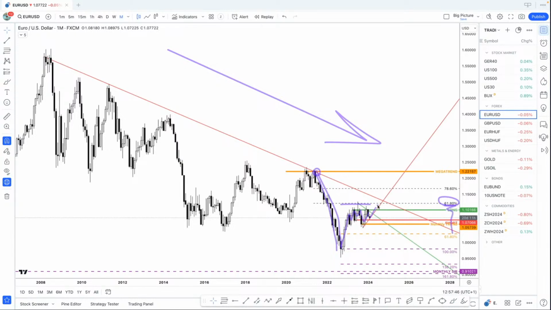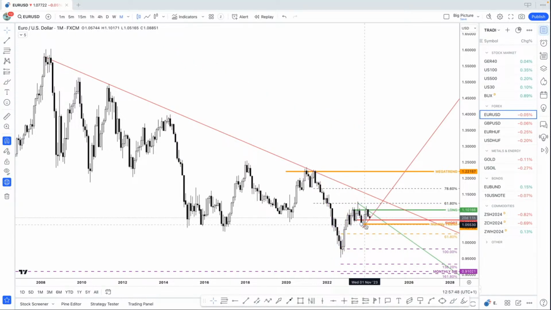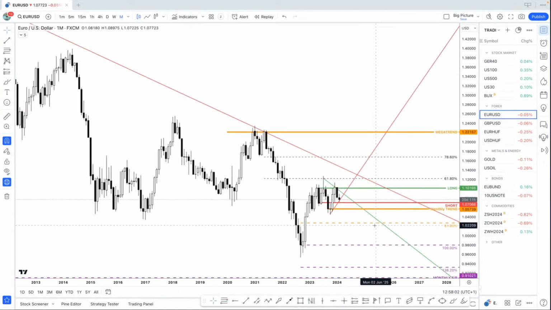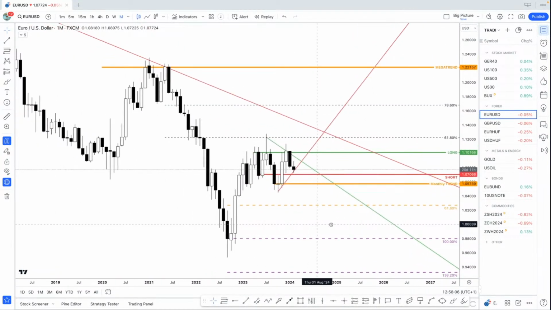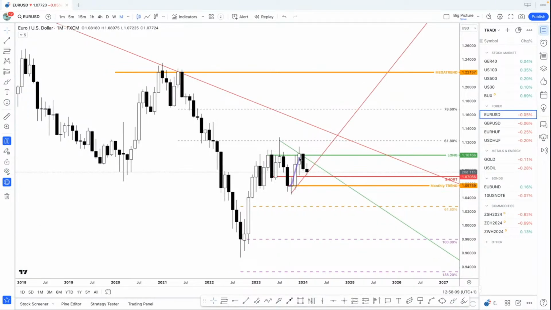It doesn't mean it won't go further though, because we still have the monthly start of the impulse here. This is the last start where it went to new high, and we are in the correction of this last impulse. Will make it a little bit higher. The correction of this last impulse. Okay.